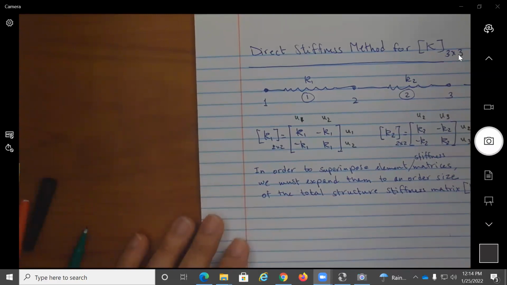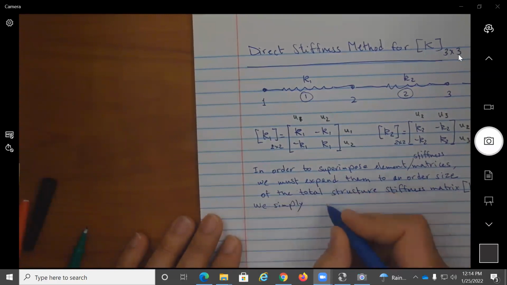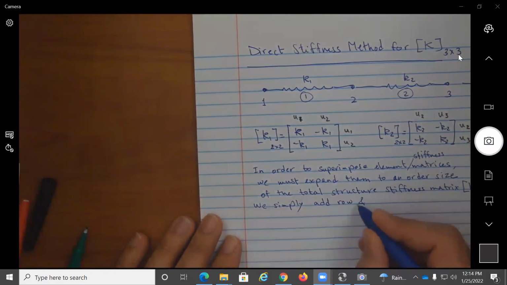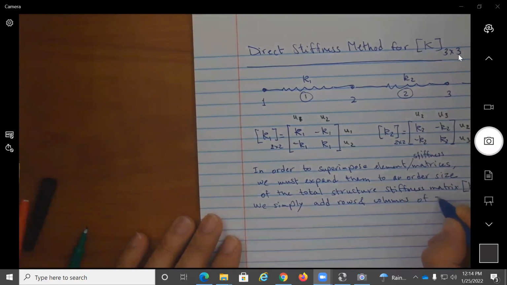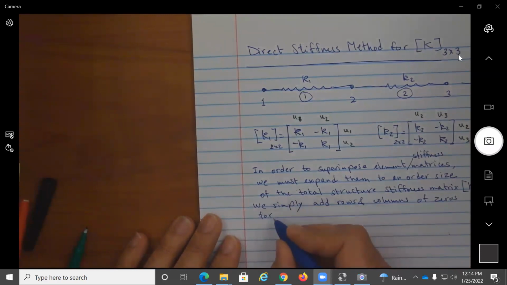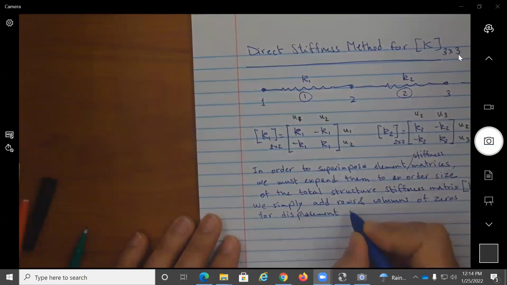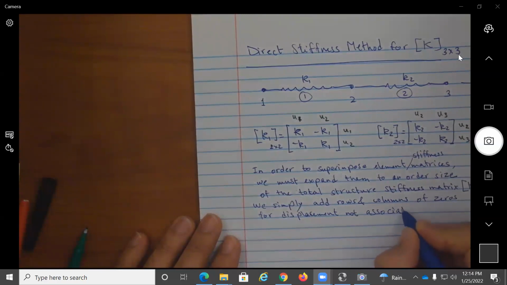So how are we going to do that? We simply add rows and columns of zeros for the displacements that are not associated with that particular element.